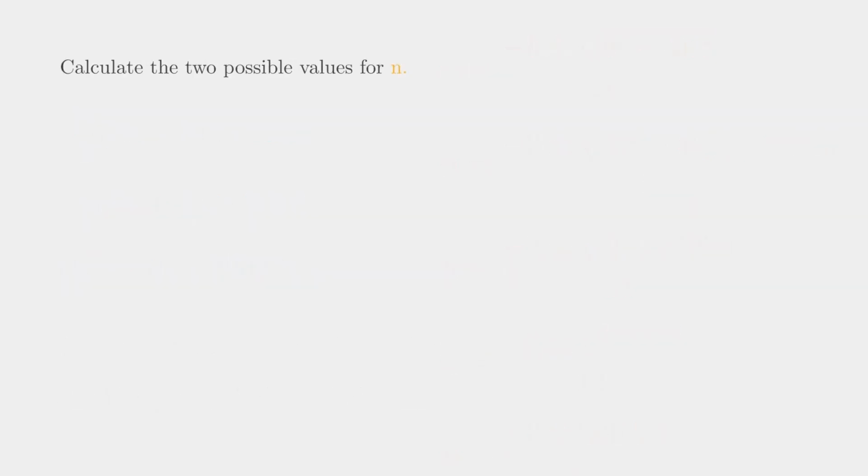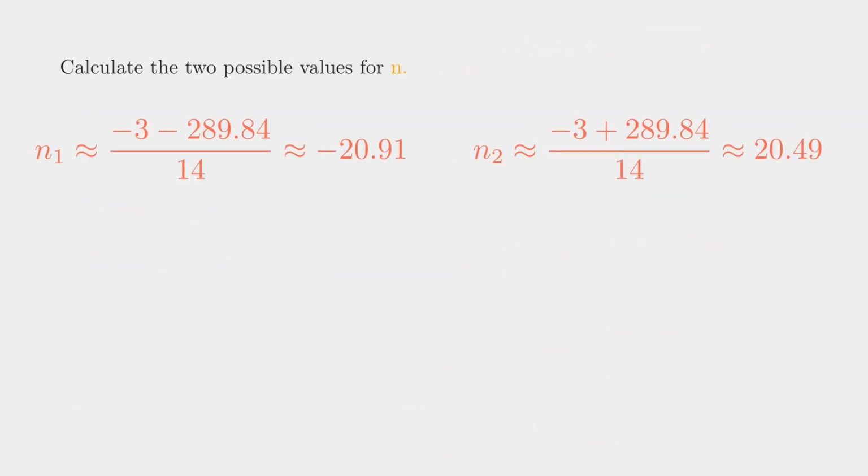Therefore, n is approximately negative 3 plus or minus 289.84 divided by 14. Now let's calculate the two possible values of n. n1 is approximately negative 3 minus 289.84 divided by 14, which is negative 20.91. And n2 is approximately negative 3 plus 289.84 divided by 14, which is about 20.49.